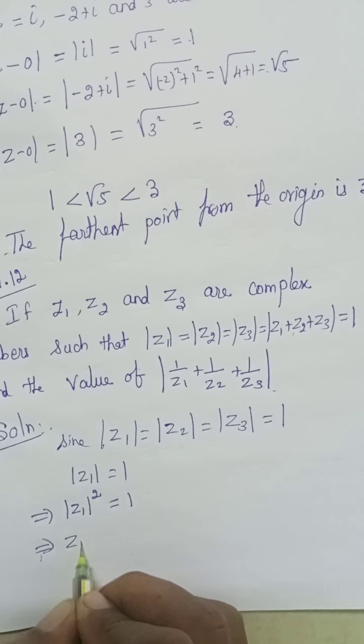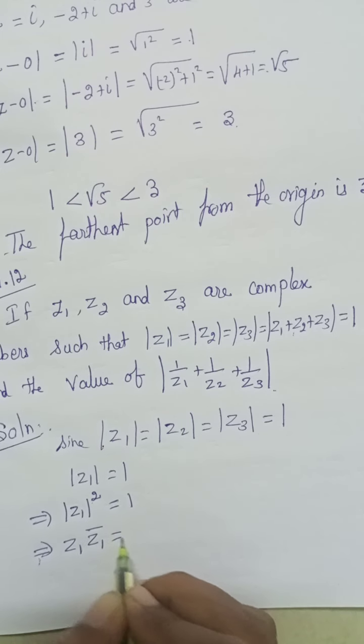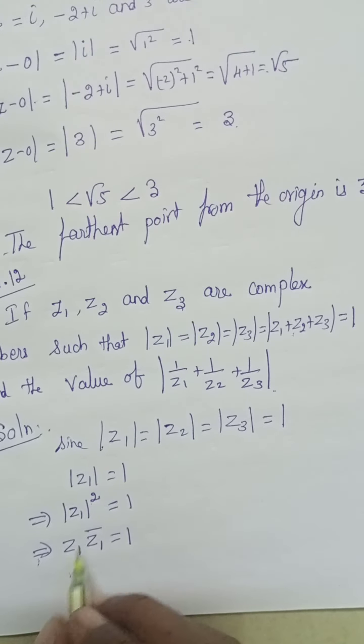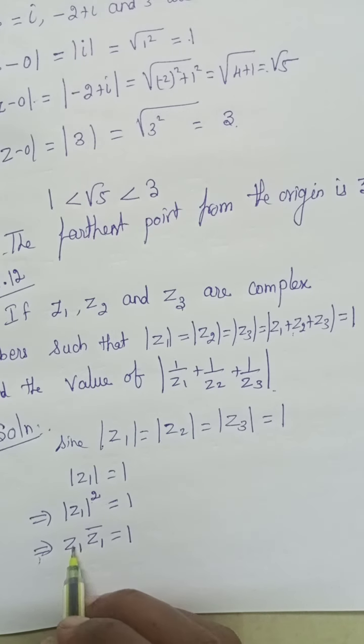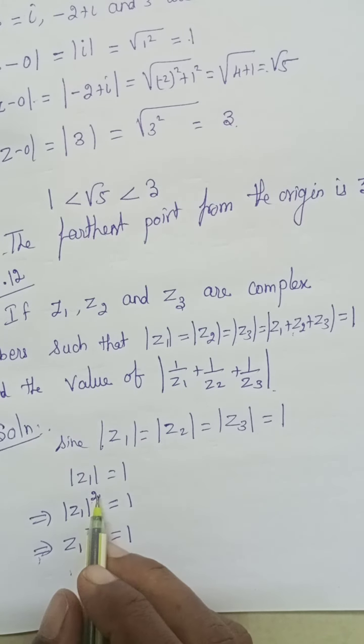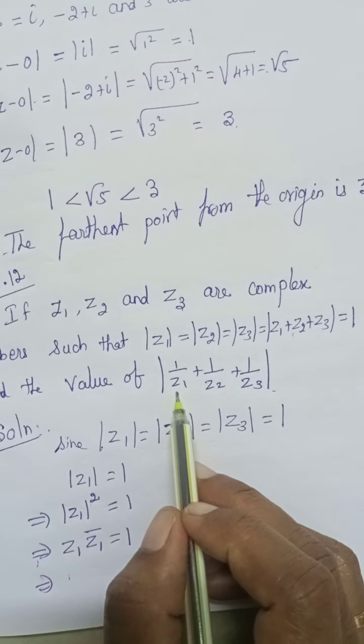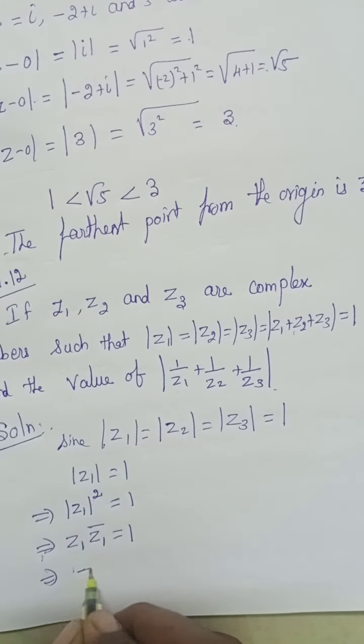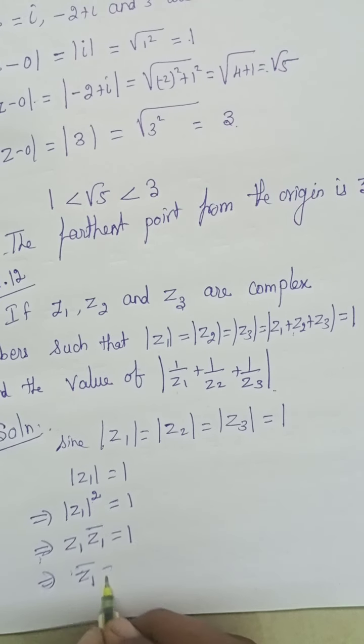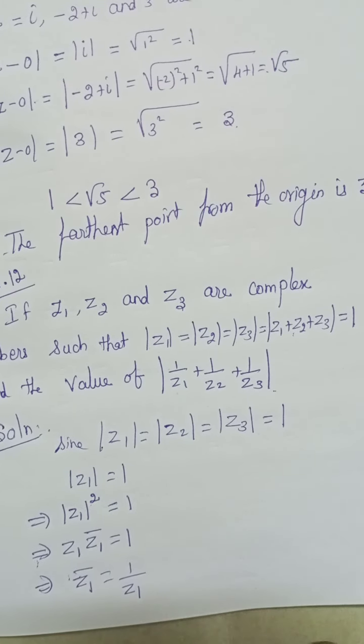This can be written as Z1 into Z1 bar is equal to 1. Because we know modulus Z into Z bar equals modulus Z the whole square. Now here we need 1 by Z1, isn't it? So Z1 bar is equal to 1 by Z1.